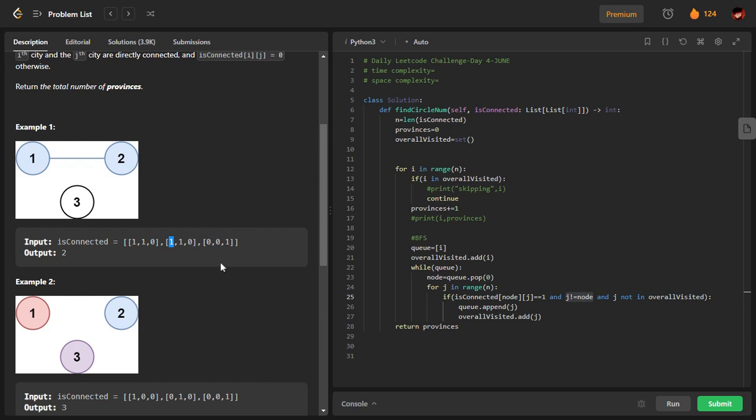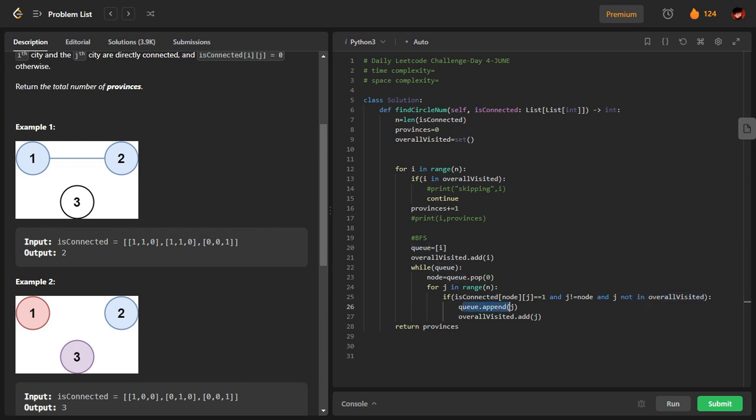Suppose I'm starting from the second node, it will tell me which node is connected to it. So j will be 1 in this case and our node will be 2, because I'm starting from it, and j will be representing 1. This is to avoid self loop, and this is to check if this node is already existing in visited or not. That is the basic idea.